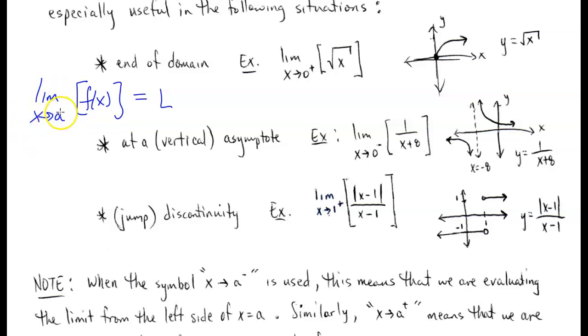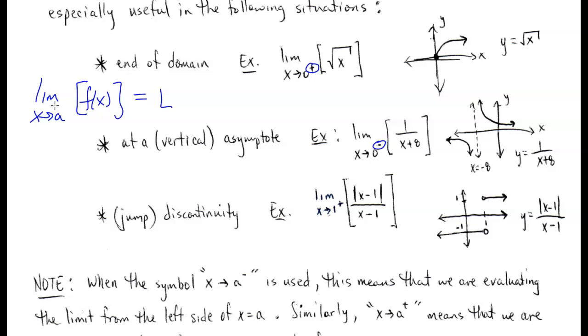And so you see here that we don't have, let's say, this plus here in the exponent for this case, or a minus here in the exponent for this case here. So we're looking at the behavior coming from both sides of that particular x value.